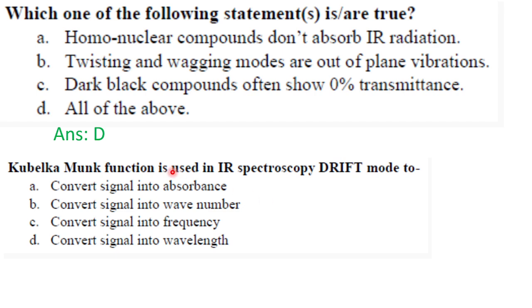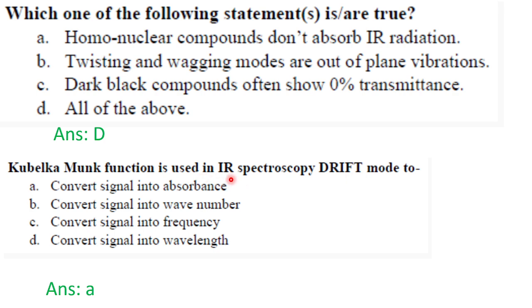In case of drift, the Kubelka-Munk function is used. It is also a mathematical formula, like ATR, to change the spectrum. So what does it actually do? It changes the signal into absorbance, because this is diffuse reflectance infrared Fourier transform.